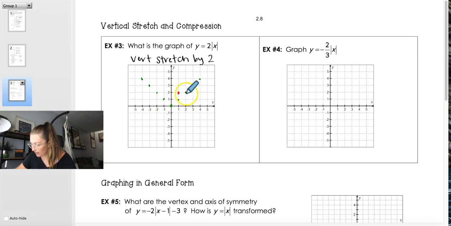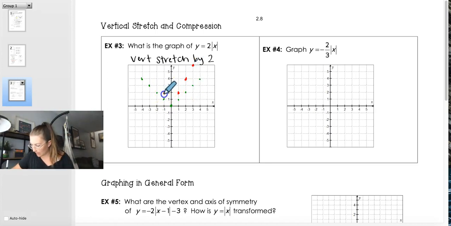If you move over 1, this has a distance of 2, so I'm going to double that and go to 4. Next one, this one has a distance of 3. I'm going to double that and go to 6. So I am taking my vertical distances and doubling them.